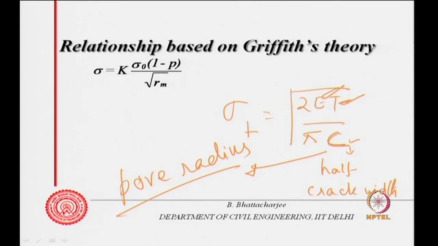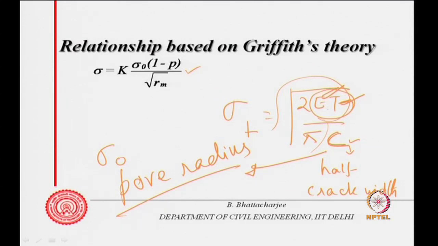right. So, if I consider the pore free solid and find sigma 0 for it, then for a porous solid it can be related to sigma 0 into 1 minus p, because the more the porosity, the effective E would get reduced, and the effective T would also get reduced.